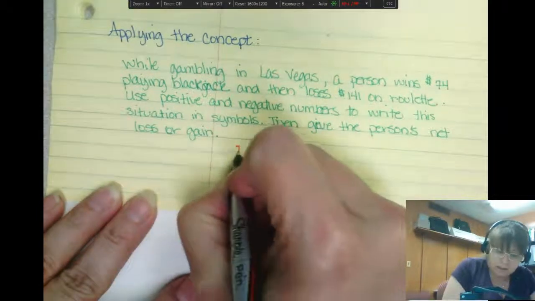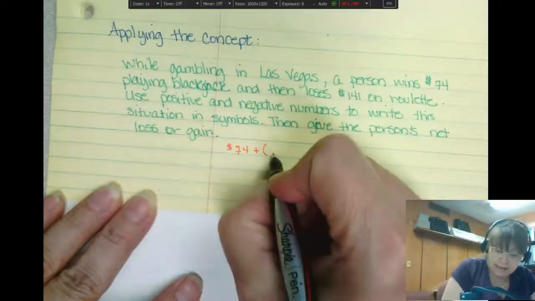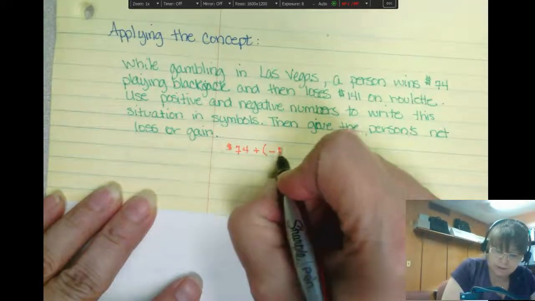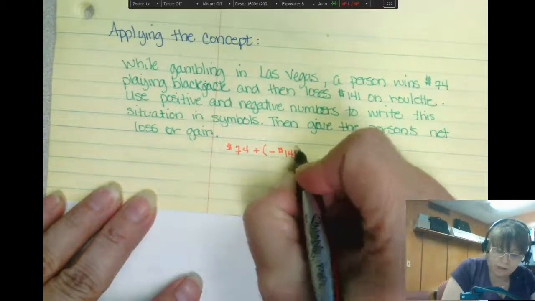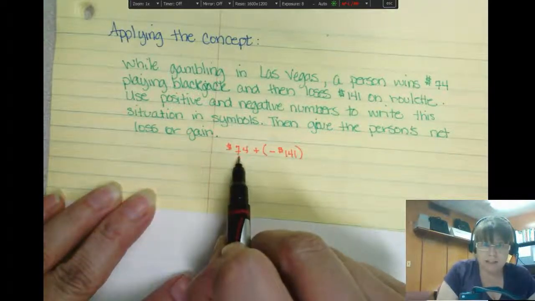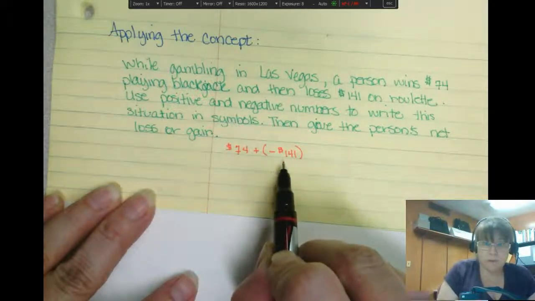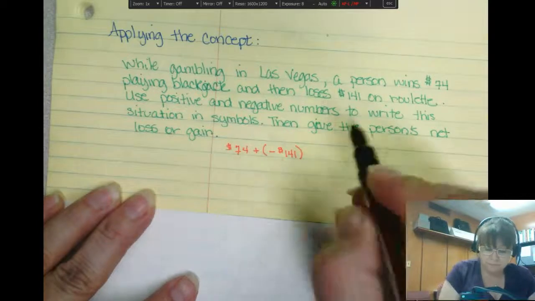So $74 plus a negative $141 because they won $74 playing blackjack, but they lost $141 on the roulette.